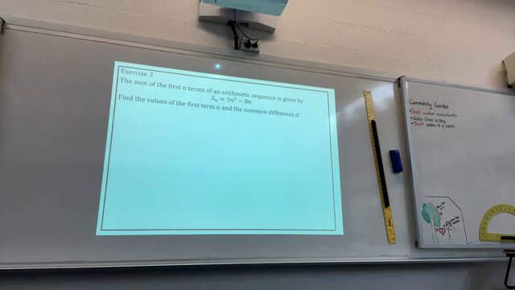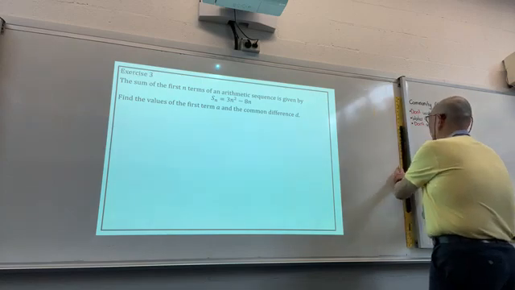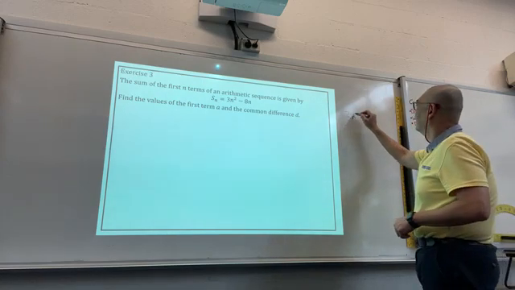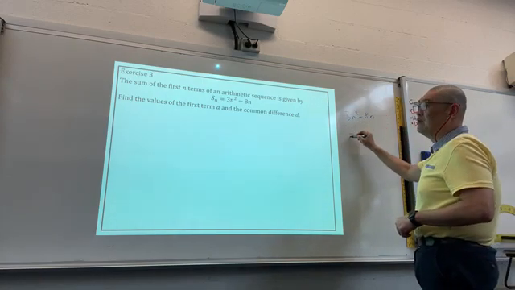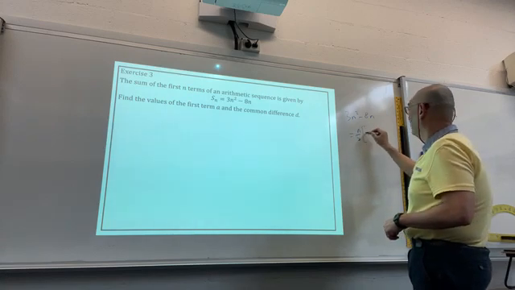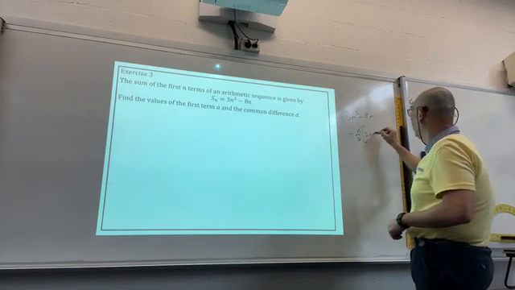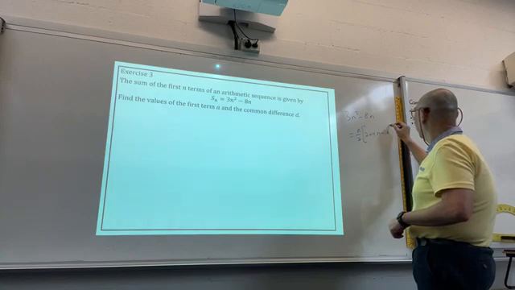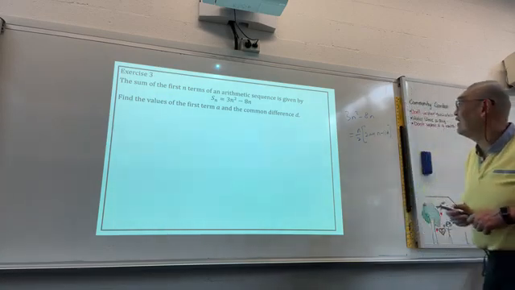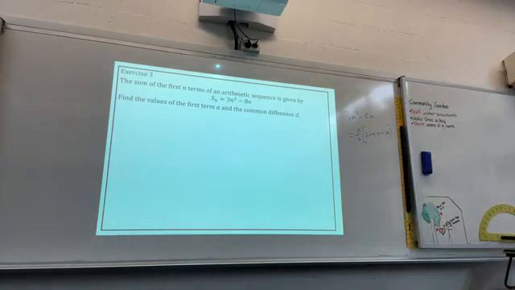So think about if you could equate 3n squared minus 8n equals n over 2 into 2a plus n minus 1 times d. Alright? And how do you solve for a and d?